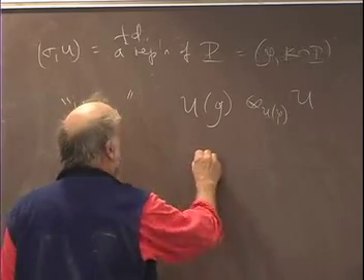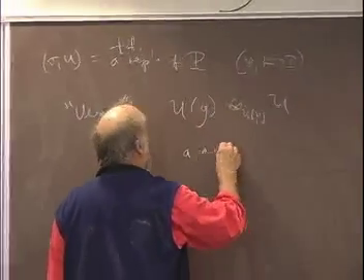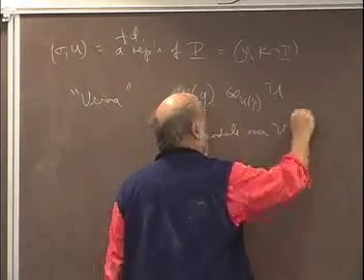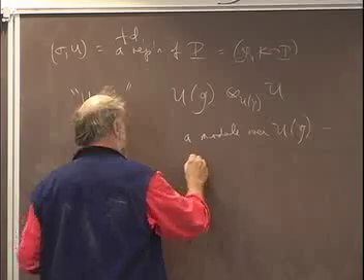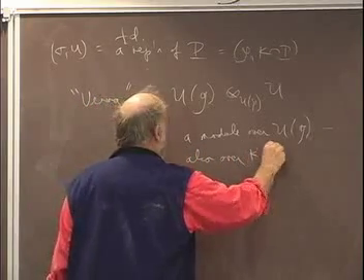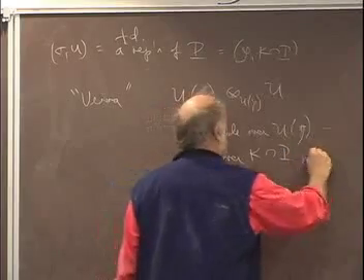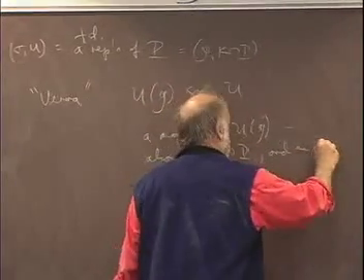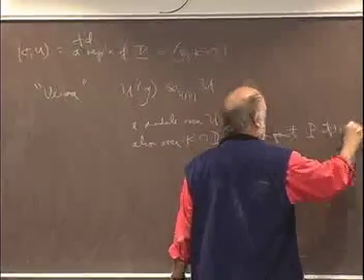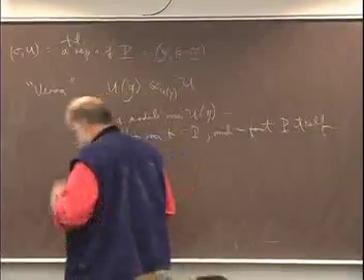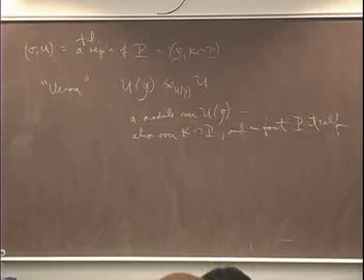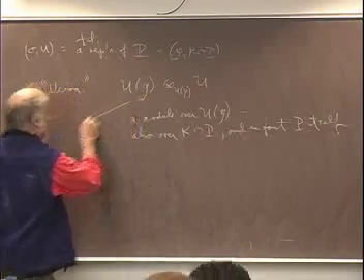So first of all, it's a module over U of G. It's also a module over K intersect P, and in fact P. I'll explain that in just a moment. So it's what I call a GP module.